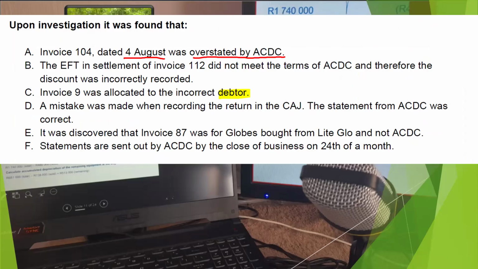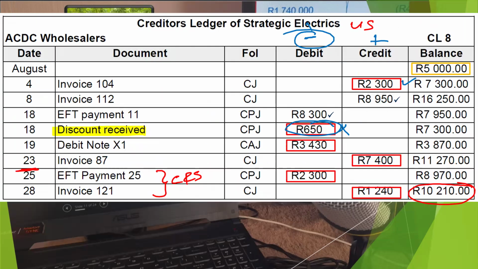Now, for D, a mistake was made when recording the return in the CAJ. The statement from ACDC was correct. What are they talking about here? The return. So they're talking about this one here. So we are wrong. And obviously, when we return goods to a creditor, we give the creditor a debit note.